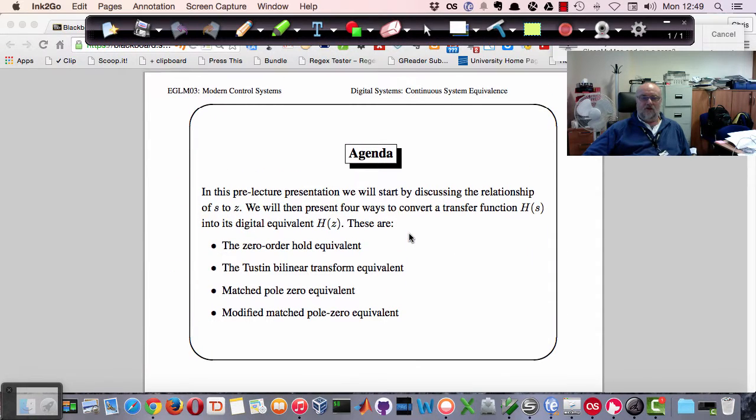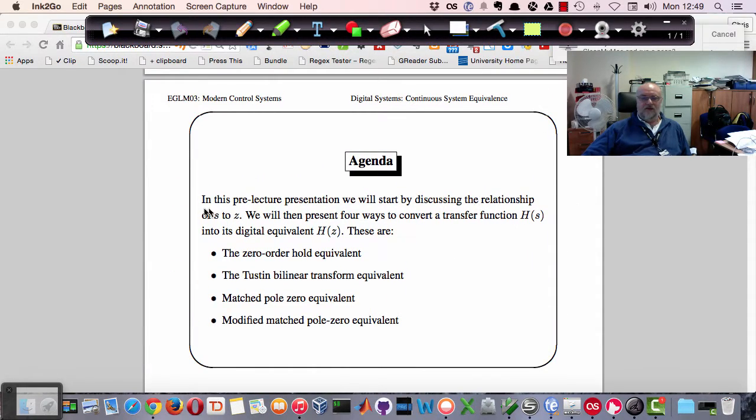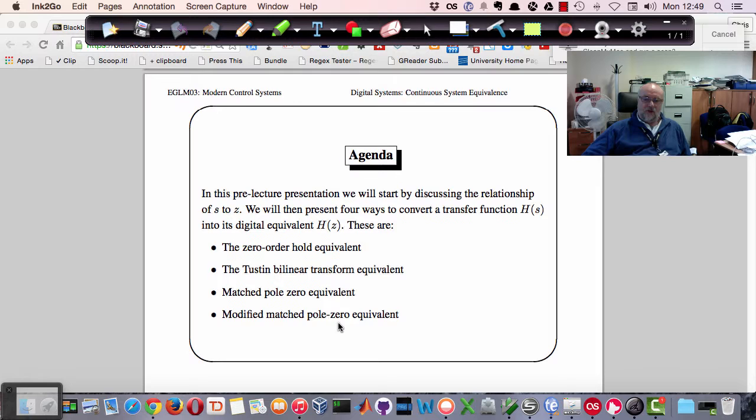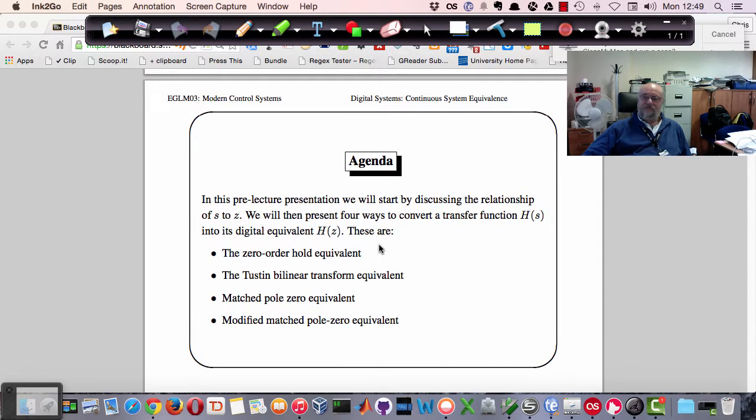This is a summary of what we've done. We've basically given you the actual relationship between s and z, which will be useful in the next class, and then we've looked at 4 ways that we can convert an h of s into an h of z: zero-order hold equivalent, Tustin bilinear transform, match pole zero equivalent, modified match pole zero equivalent. And we'll do examples to illustrate all of these.